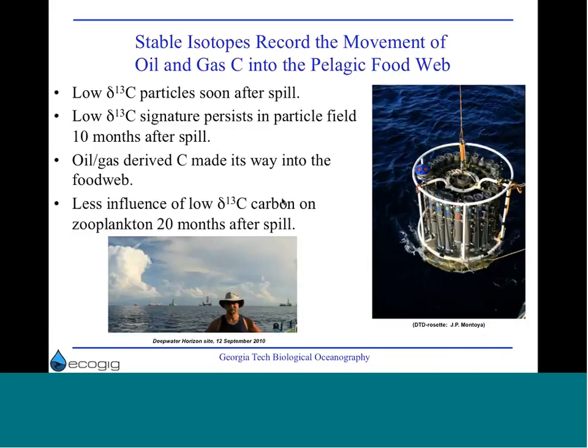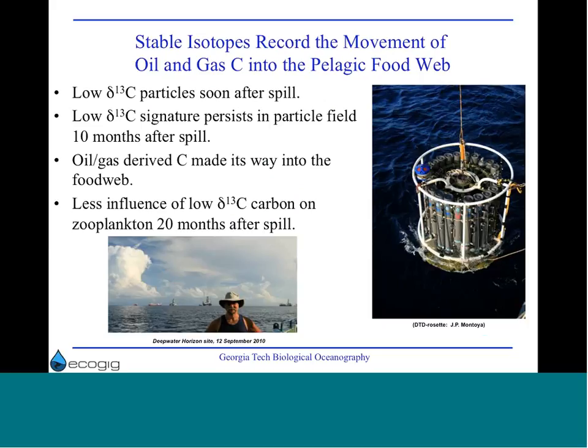So if we look at the data I've shared with you, the major points I want you to take away are that stable isotopes can and do record the movement of oil and gas carbon into the food web, and in fact they provide us with our strongest and most robust tool for understanding how oil and gas can affect the pelagic food web.